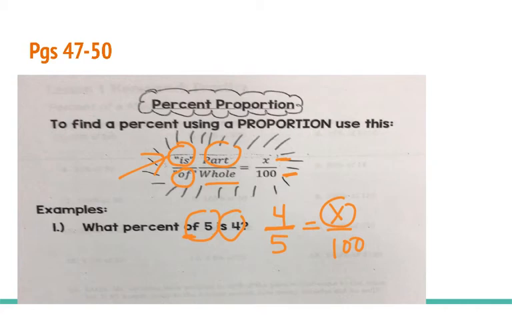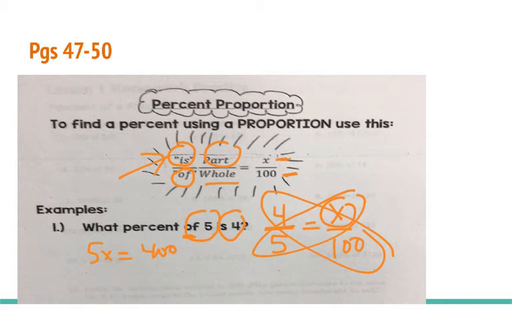So then, you guys have done a lot of this over the last little while, but we are just going to, if you want to call it the butterfly method, whatever you want to call it, cross multiply. We know that 5 times x is 5x is equal to 4 times 100 is 400. Sorry for that sloppy handwriting.